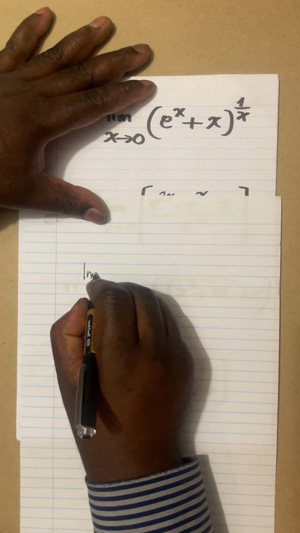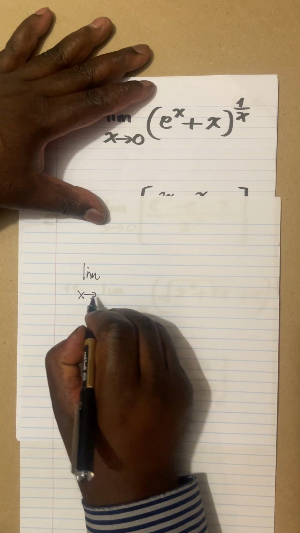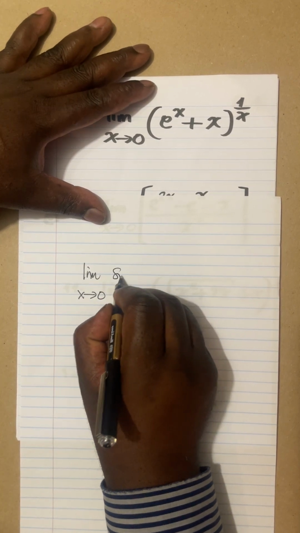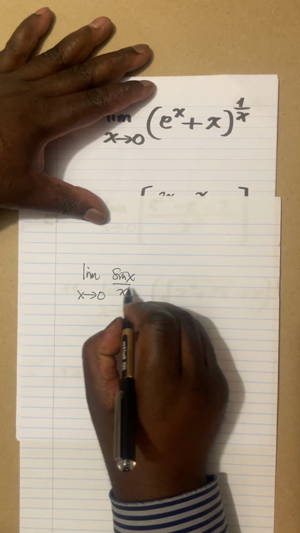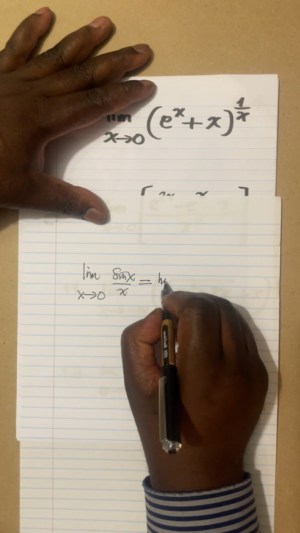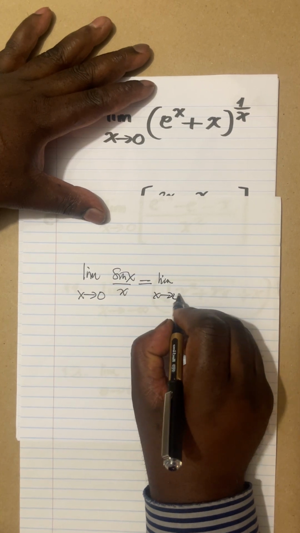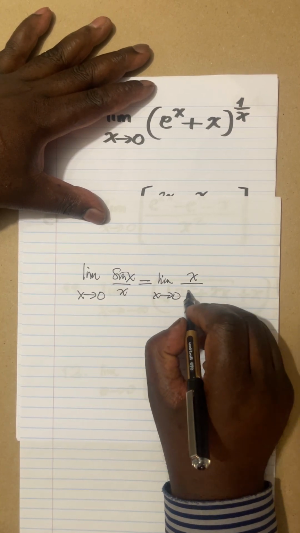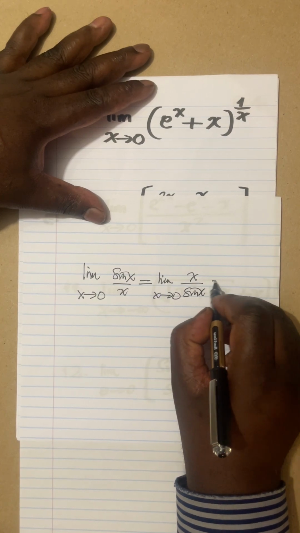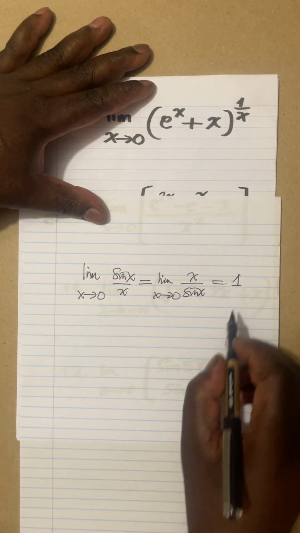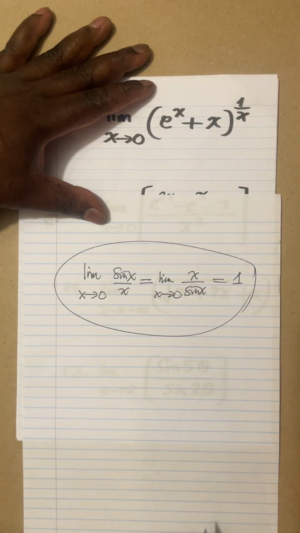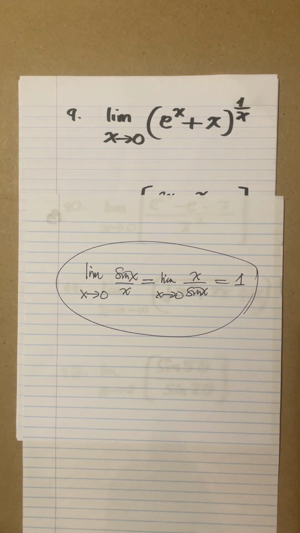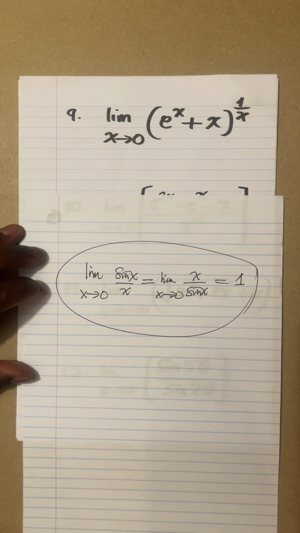The limit as x approaches 0 of sine x over x is the same as the limit as x approaches 0 of x over sine x, and this is actually equal to 1. Never forget this very serious result. You can prove this by using L'Hopital's rule or geometric methods.